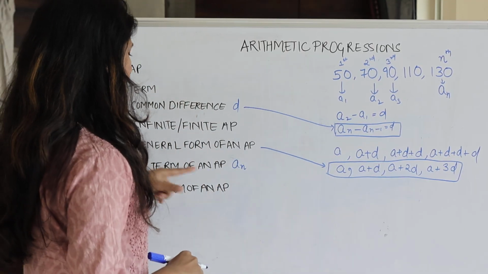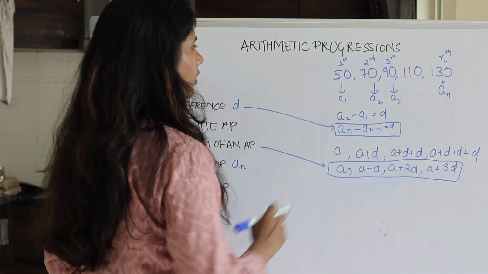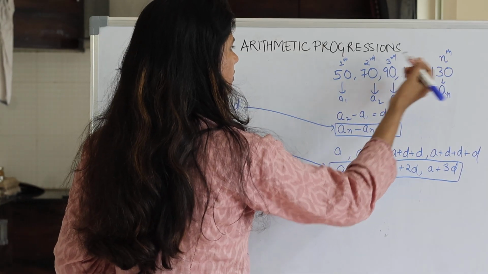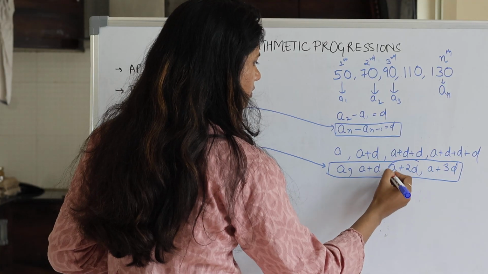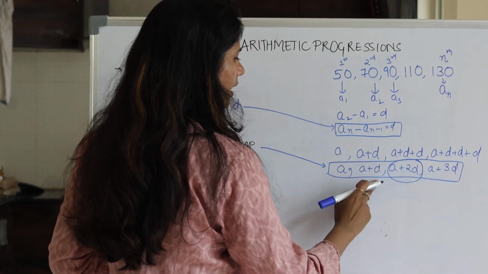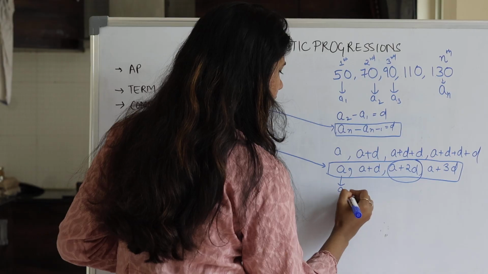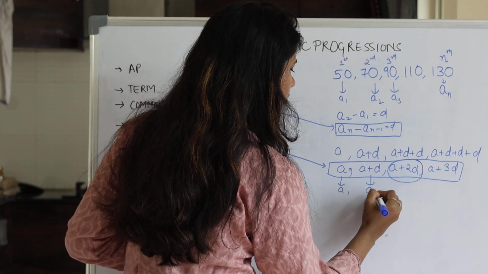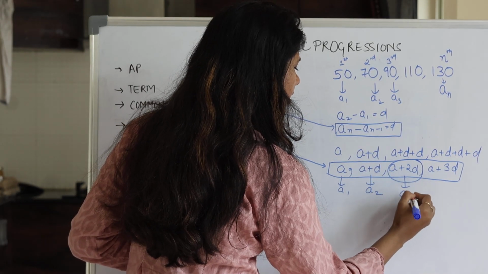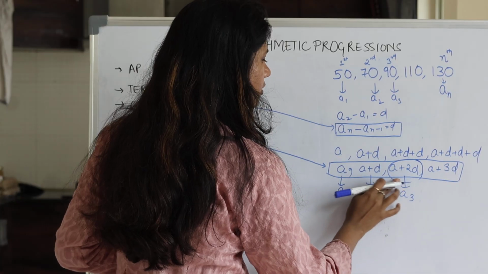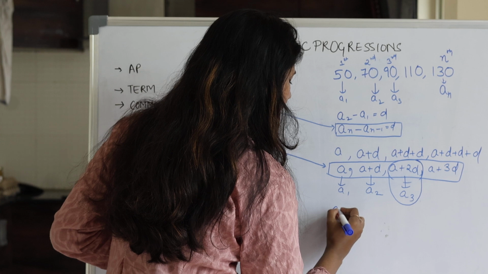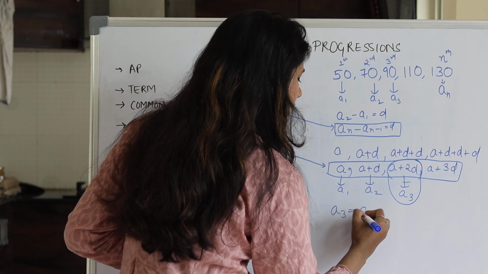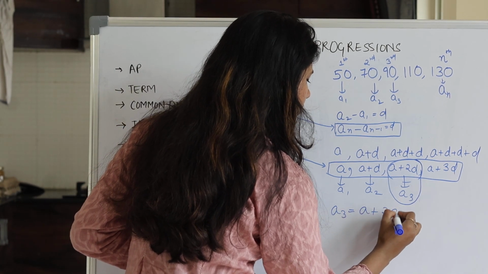Now, the nth term of an AP. If you see, this one was A1, this one was A2, this one was A3. Just consider A3 equals A plus 2D.